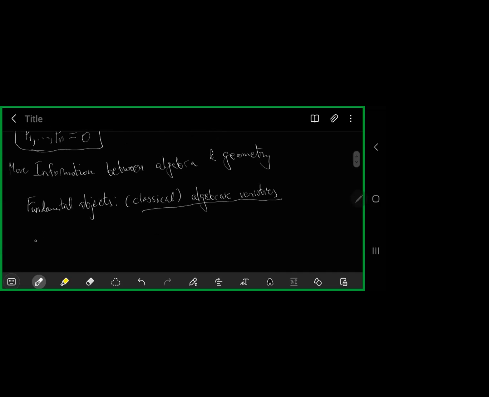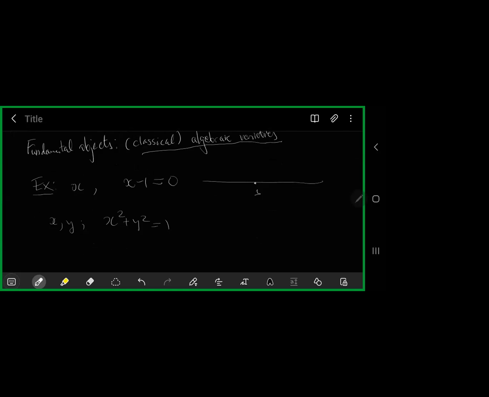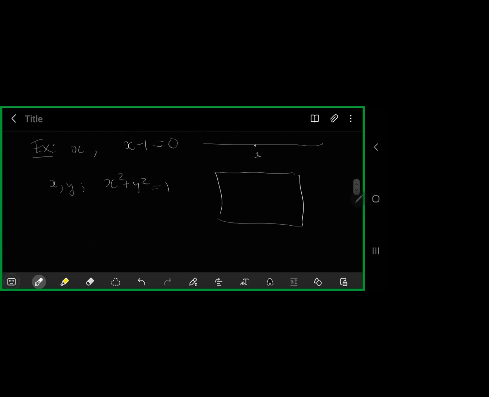So for example, if I have one variable, say x, then I can look at the polynomial x minus 1, set that equal to 0, and that's just the number 1, right? Or I can have two variables, x and y, and think about x squared plus y squared equals 1, and that's going to be all the points of the unit circle.